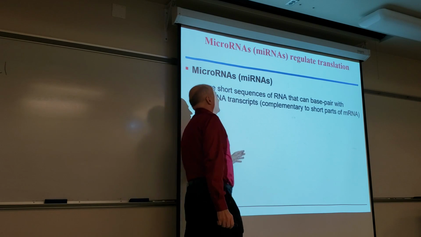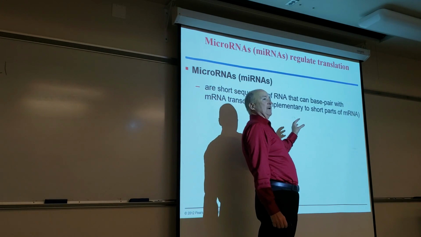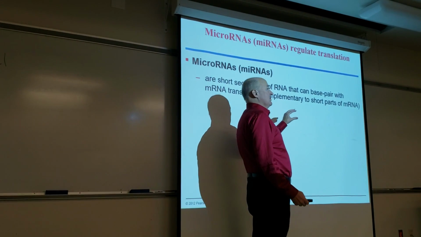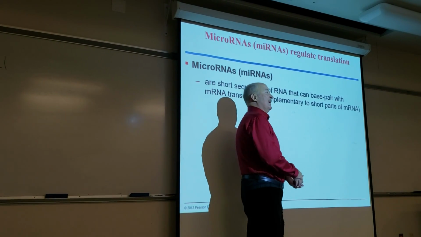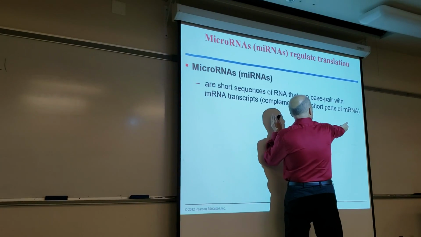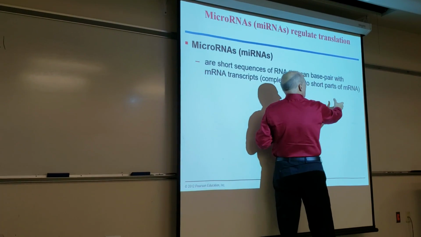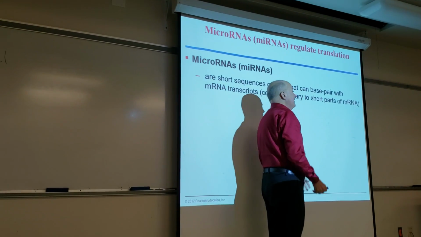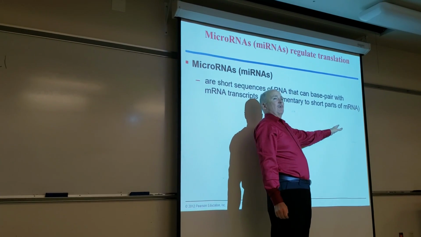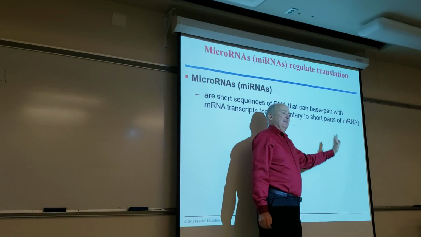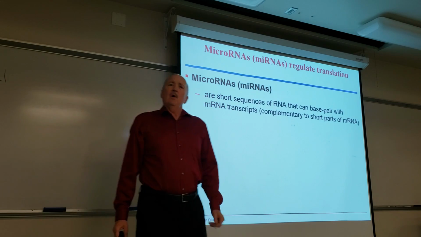But then the cell can make a microRNA which base pairs with just a portion of the mRNA. So if the mRNA is like this, the microRNA might be this long and attach to part of the messenger RNA. And what it can do is regulate the reading and the lifespan of the messenger RNA.